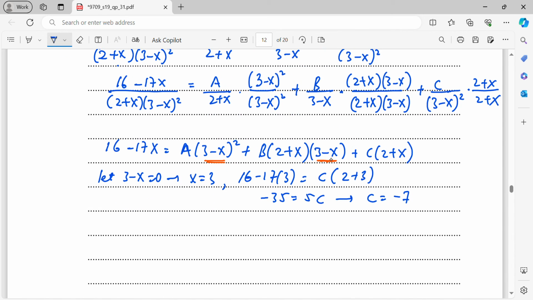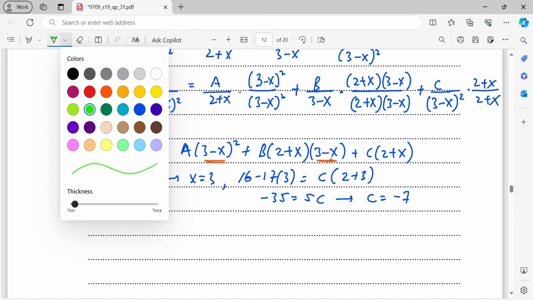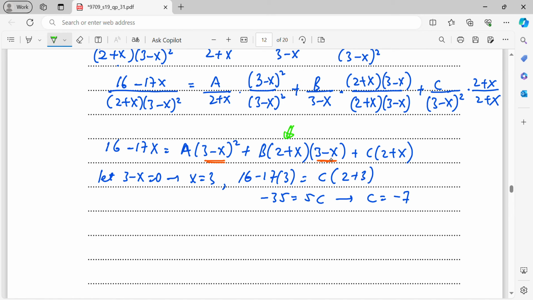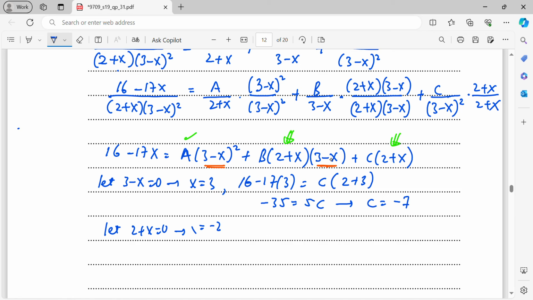Now, next term is to let 2 plus x be 0. So it means that for the last term, you can't find the C because C multiplied with 0. That means you are able to find the A right now. So I let 2 plus x be 0. Then my x is negative 2. Okay, then now just replace x by minus 2.